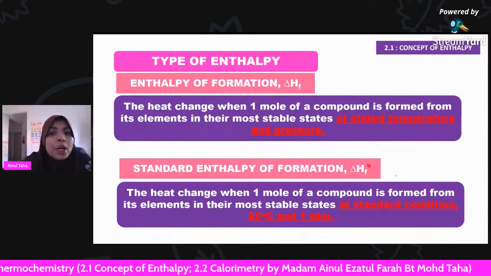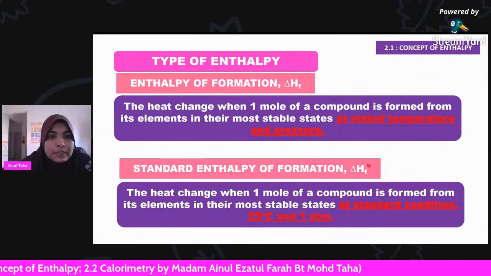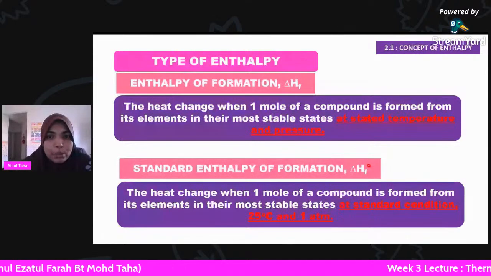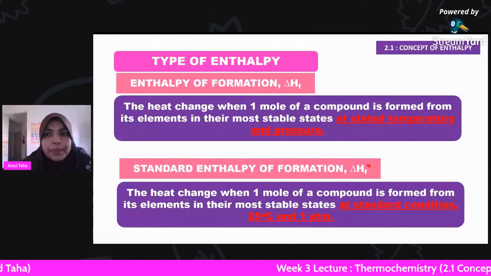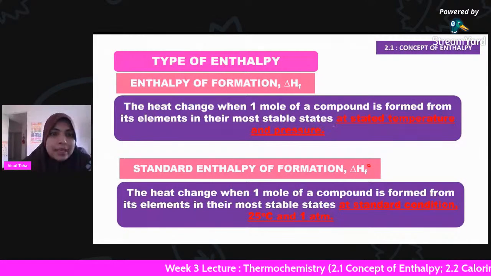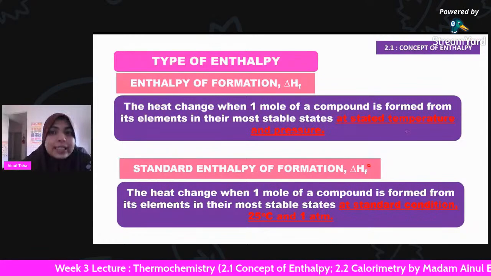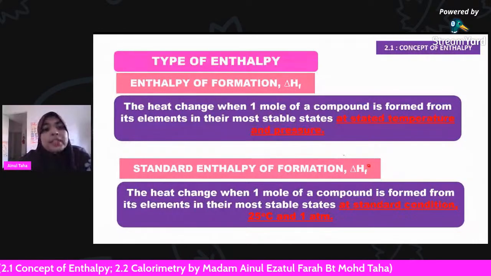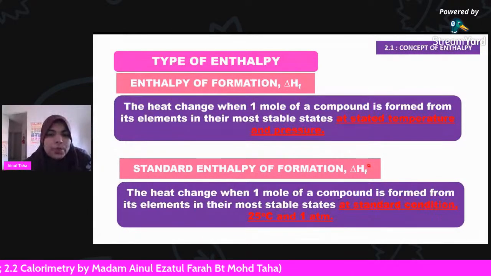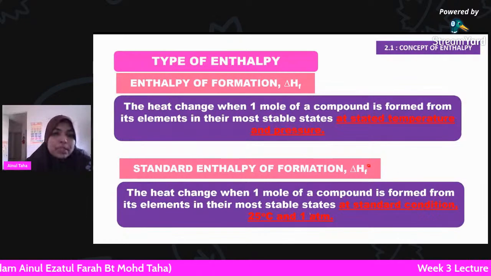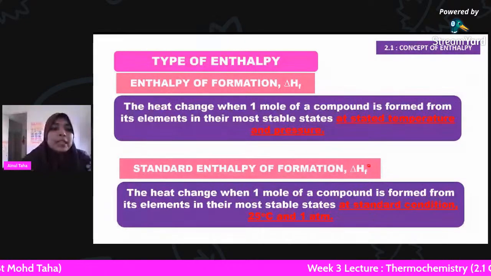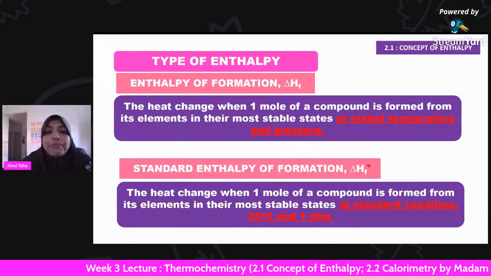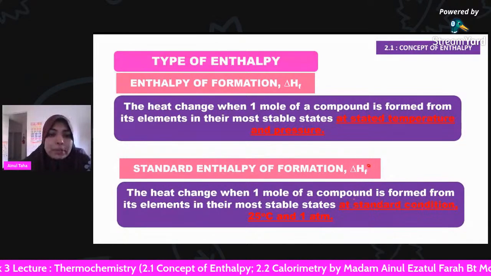The definition is the heat change when 1 mole of a compound is formed from its elements in their most stable state at stated temperature and pressure. If the definition is for standard, we change a bit at the end: the heat change when 1 mole of compound is formed from its elements in their most stable state at standard condition.